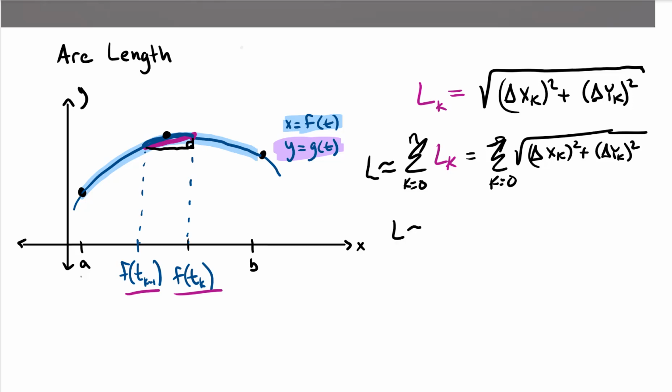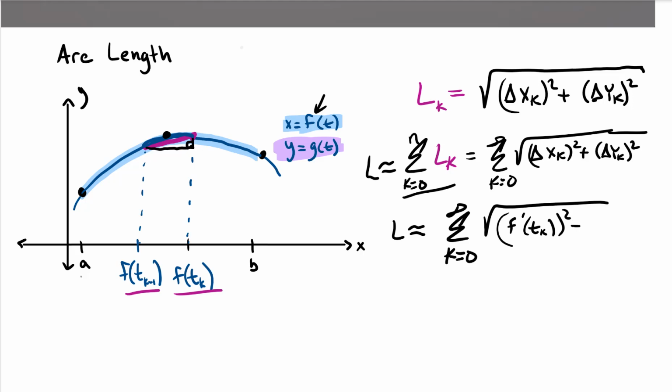But we could change this thing up. I'm going to lose this part here and just write the sum, k equals 0 to infinity. And let's just say it's x prime, f prime of t sub k all squared. And our y is now a g, g prime of t sub k squared.